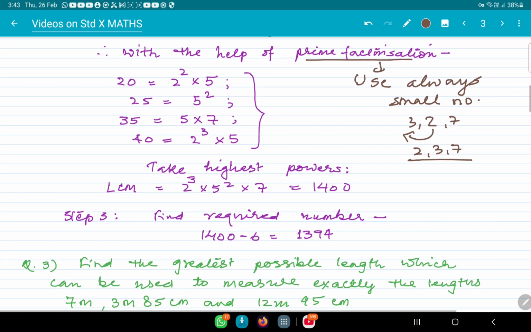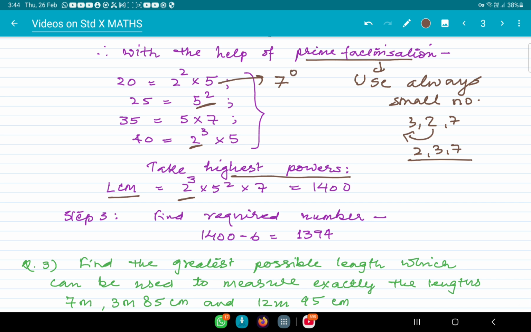So this is the prime factorization of the given numbers. And now take the highest power. So the LCM is equal to 2 raised to the power 3, 5 raised to the power 2, and 7. Here 7 may not appear in some numbers, which means it is raised to the power 0, because anything raised to the power 0 is 1.